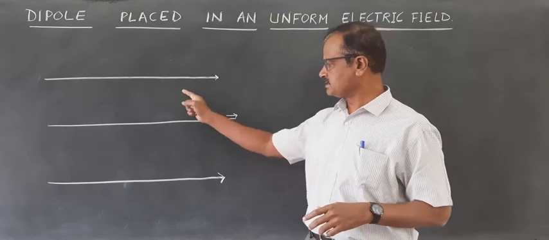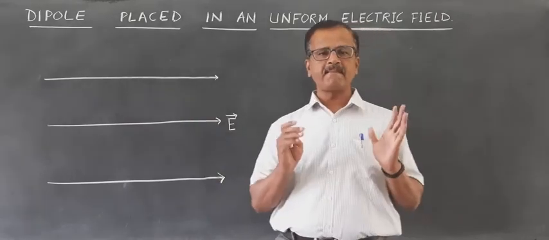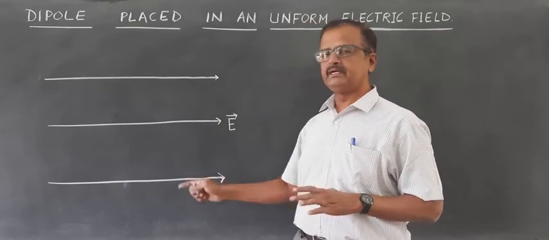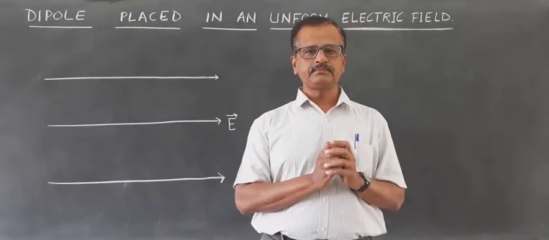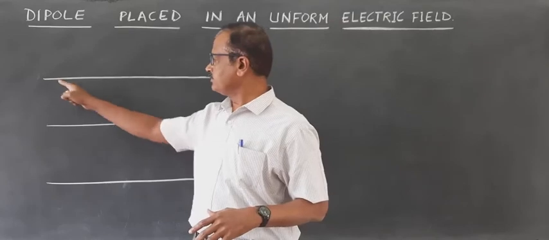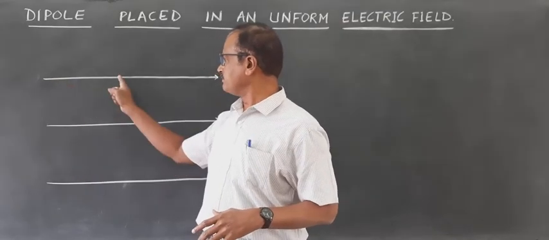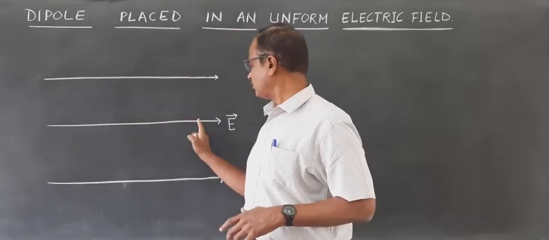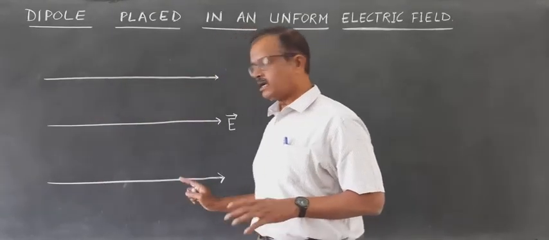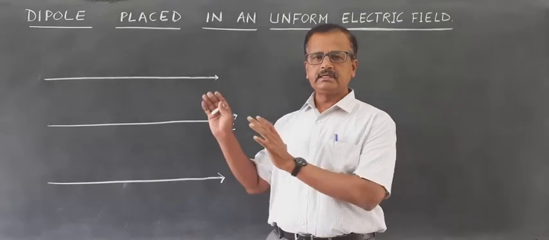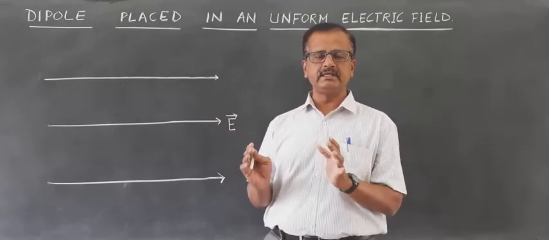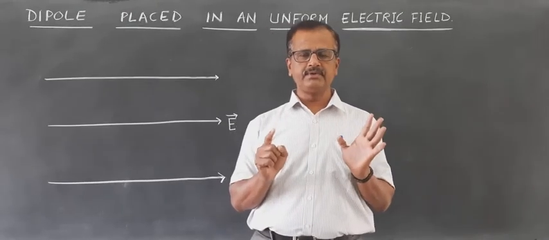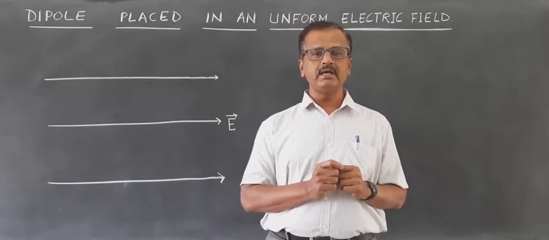Look at this representation, in which the electric field lines are parallel to each other. If you want to find the electric field at any point, whether it is here or here or here, anywhere in the space of a uniform electric field, the electric field has the same value. Such a field is called a uniform electric field.